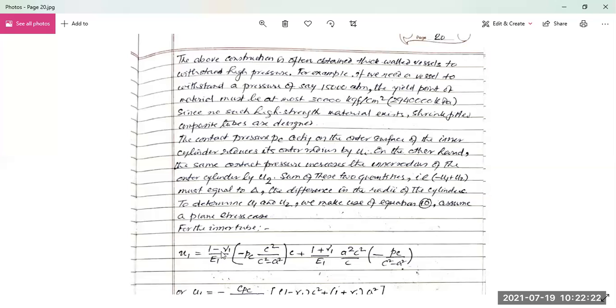So here U1 is equal to V1 by E1, and minus PC is the load acting on the outer surface of the inner cylinder, but it is compressive in nature, so it is negative, and the others are the same. The outer radius squared divided by the square of the outer radius minus the square of the inner radius, multiplied by C, the outer radius itself, plus 1 plus gamma.